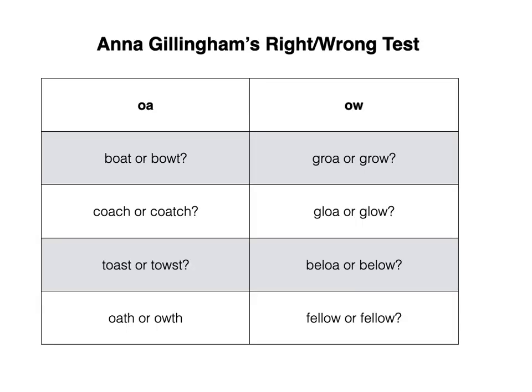As you are working through this rule, you can do what Orton-Gillingham used to do, which is the right-wrong test. You can ask them, would it be spelled boat or bote? And they have to tell you OA. How come? Oh, because OA is in the middle. Okay, so would it be spelled grow or groa? Which one? How come?